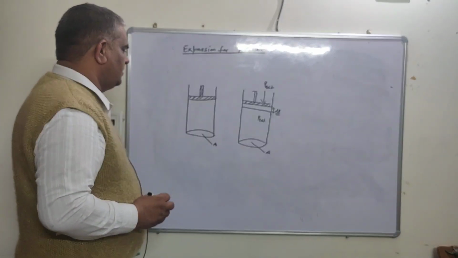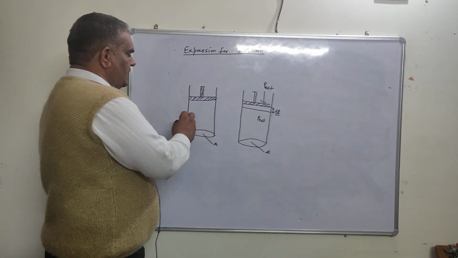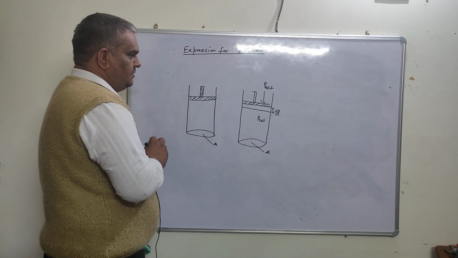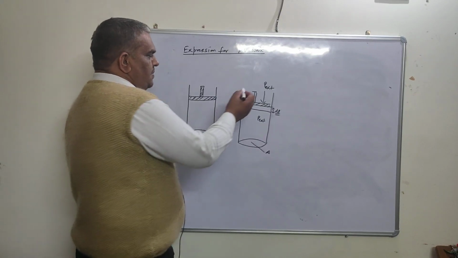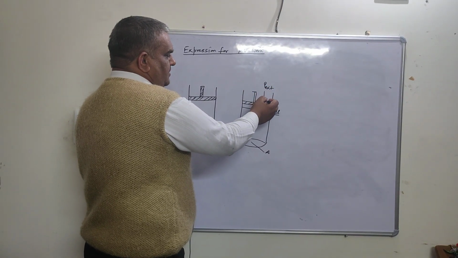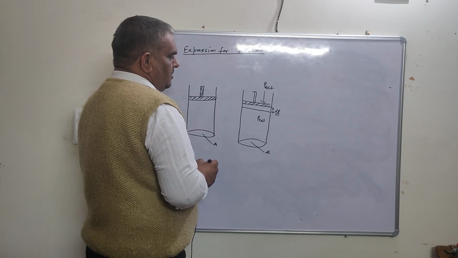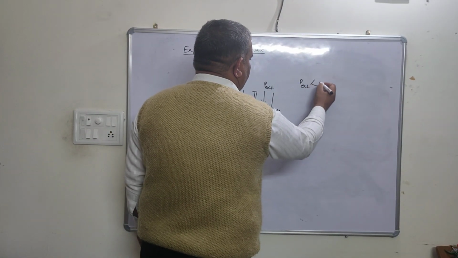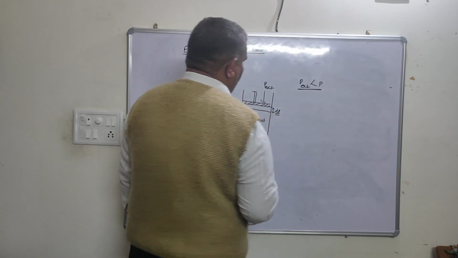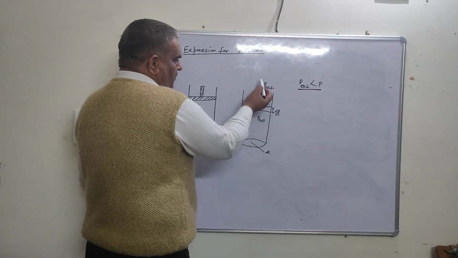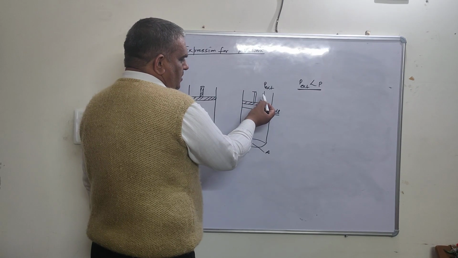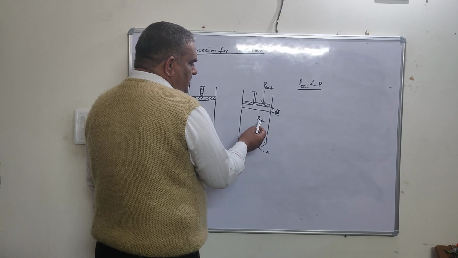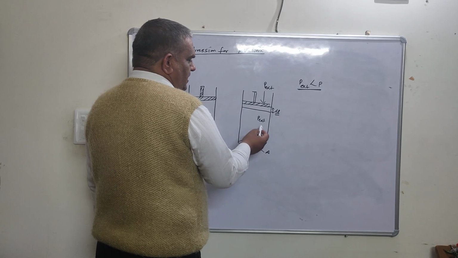Let the gas having volume V and pressure P be contained in the cylinder, and P external is the external pressure acting on the piston. If P external is less than P, the piston moves upward until the external pressure becomes equal to the pressure inside the gas.